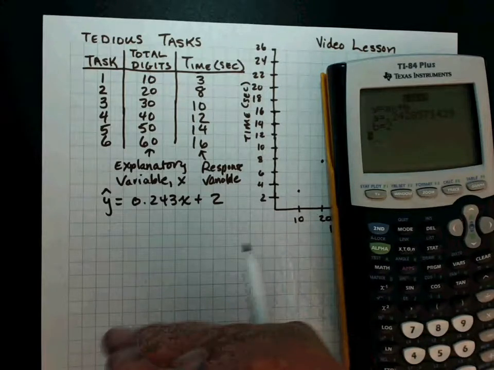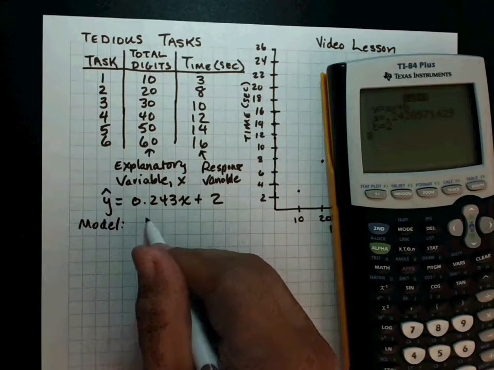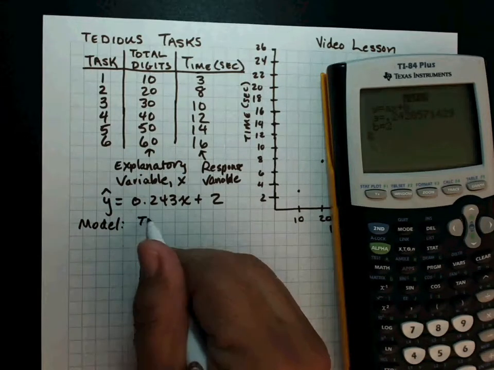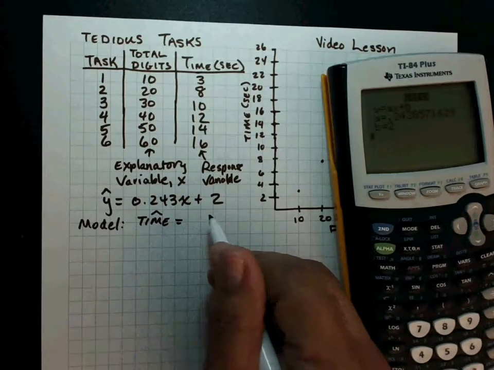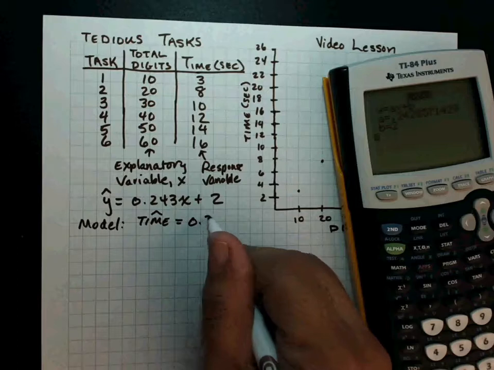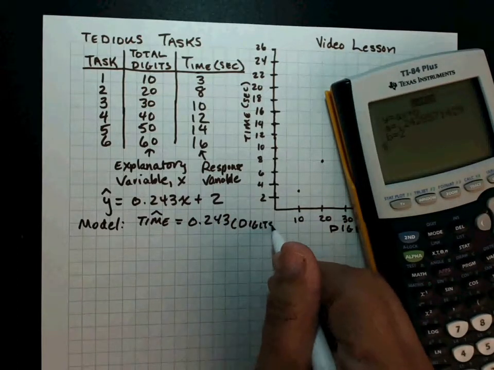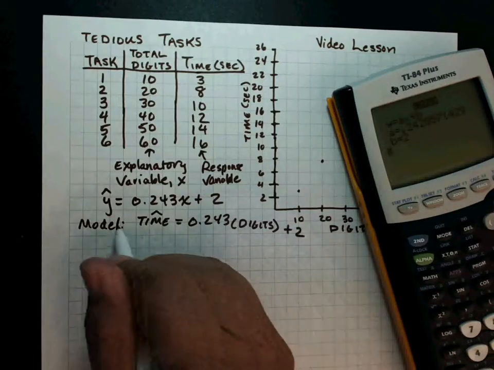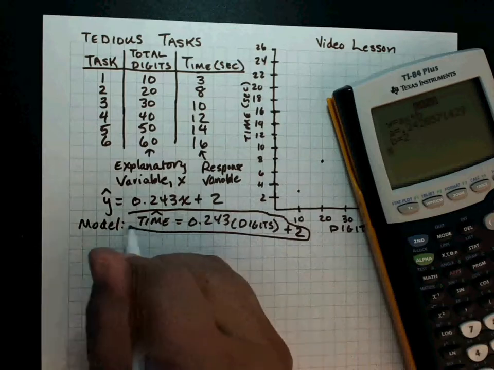So my model, we really like to write everything in context. So instead of using y, I'm going to use time. And I have time equals 0.243 times the number of digits plus 2. There's my model. Alright, so there's my model.